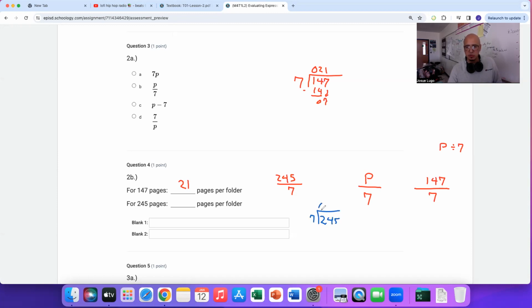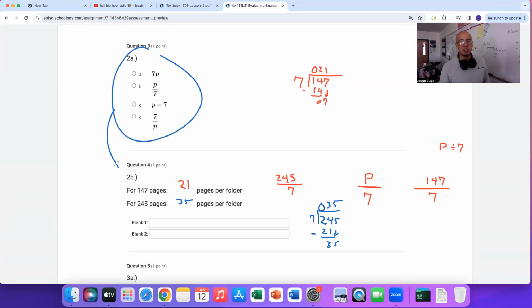Well, 7 goes into 24 3 times. It's going to be 21 with a remainder of 3. And it goes into 35 exactly 5 times. So that's going to be 35 pages per folder if there's 245 pages. So again, notice that we are just finding which expression we can use for that situation, and we're applying that expression to each of the 2 situations in the next part.